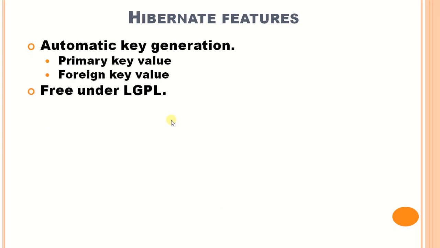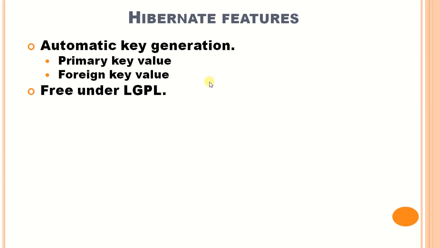Except this, some more features are there, like here hibernate provide you the functionality so that the keys for the primary key or the foreign key can be generated automatically. Okay, like even in the databases we are having automatic value generation mechanism for the primary key column. Maybe in the MySQL, if you remember, it provides the auto increment functionality so that the primary key column can get the value automatically.